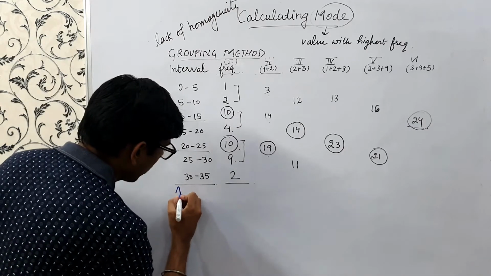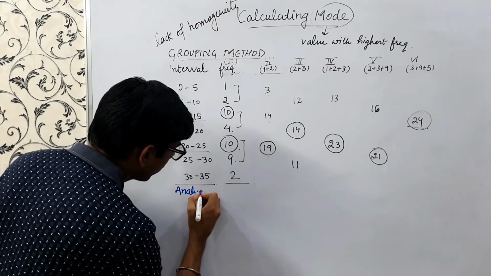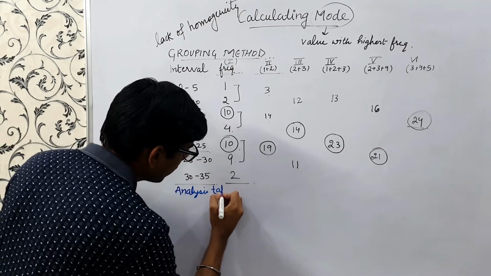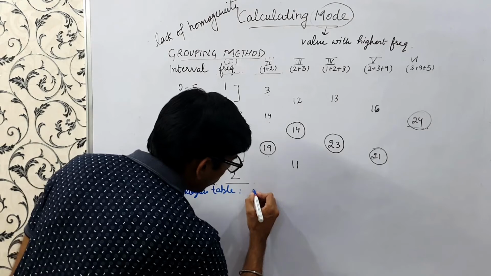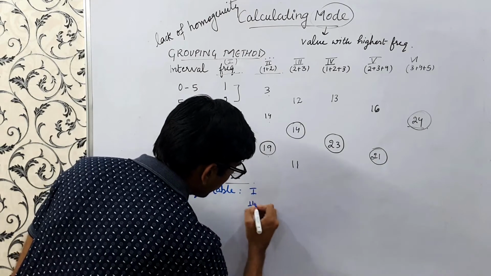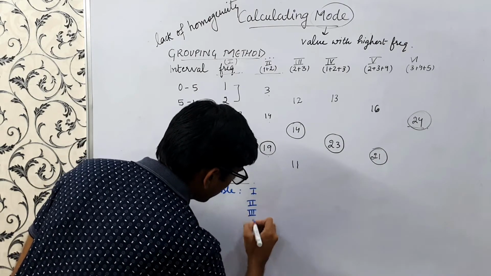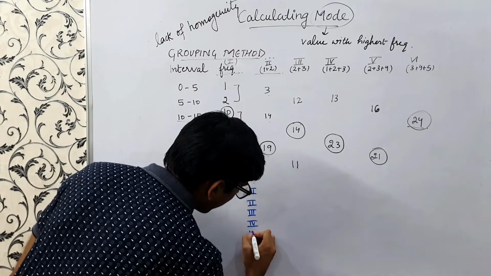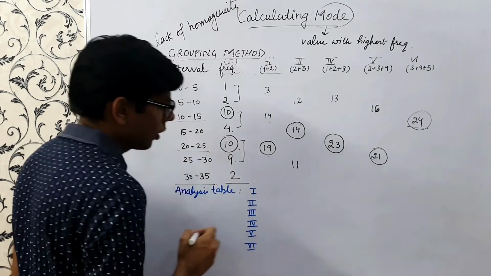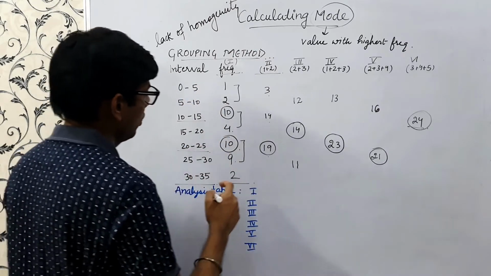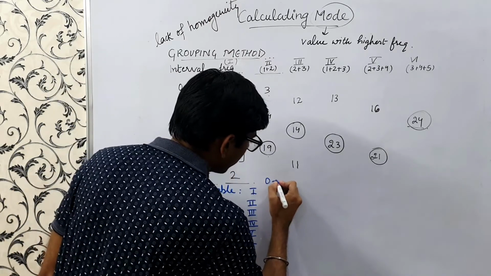Calculate an analysis table. What does that mean, analysis table? So just write down the columns here: 1, 2, 3, 4, 5, and 6, and the interval here.